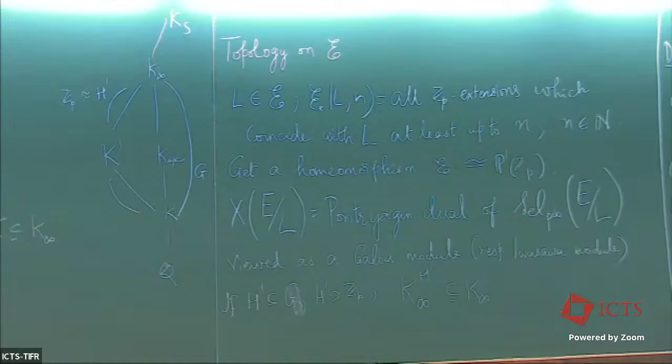When you work with H, the extension of the cyclotomic up to K infinity, this is a usual conjecture which we know for a large number of cases, for instance for CM elliptic curves and so on. You know that it's a torsion lambda G module, and we want to make that hypothesis.